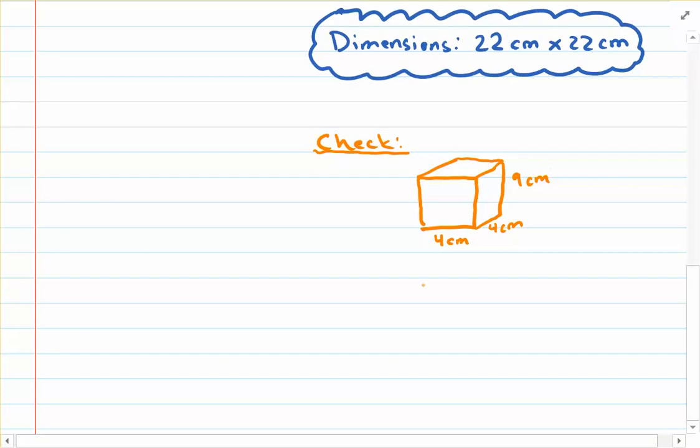Alright, so based on the formula for volume of a box again, V equals length times width times height, we want to see if we wind up with 144 centimeters cubed when we multiply 4 times 4 times 9. So we're checking to see if 144 centimeters cubed is equal to 4 centimeters times 4 centimeters times 9 centimeters.